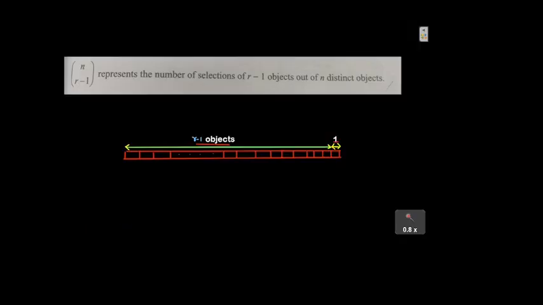Then we need to select r objects out of n objects. We can do this job by selecting r minus 1 objects first and then selecting the remaining one object.